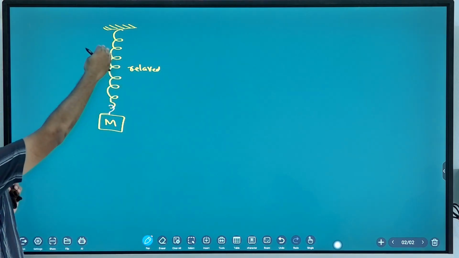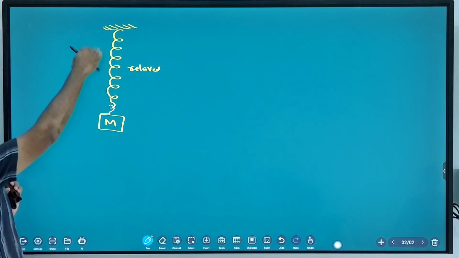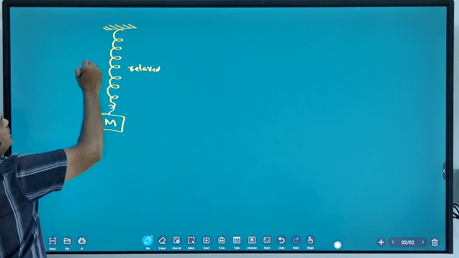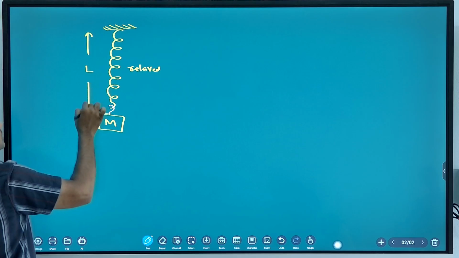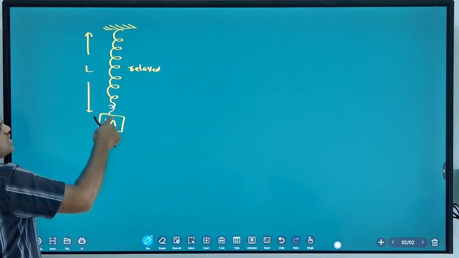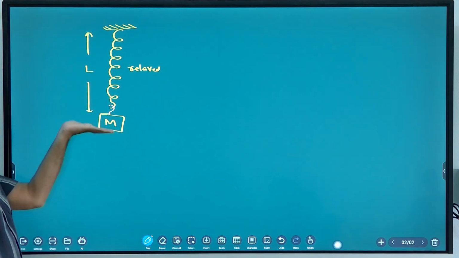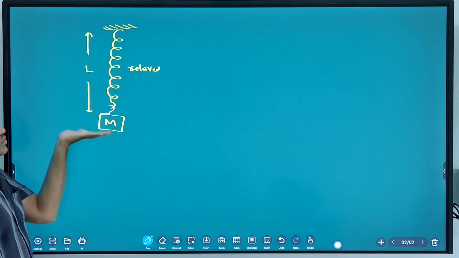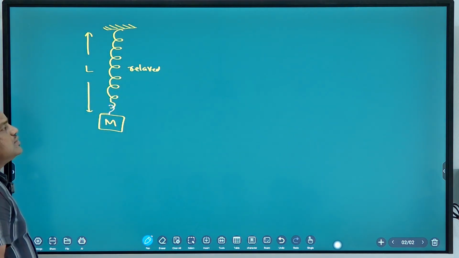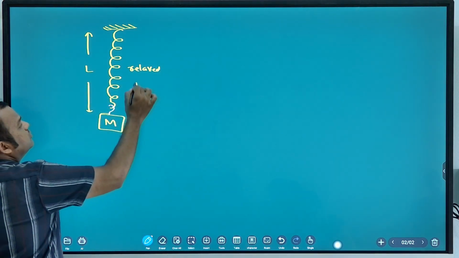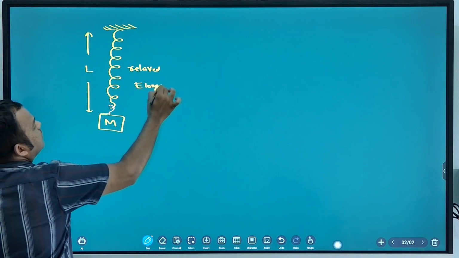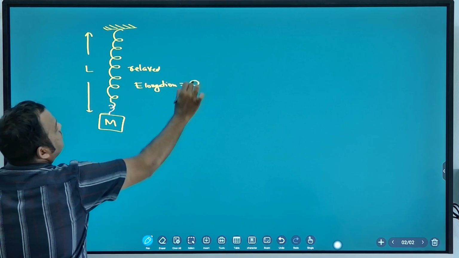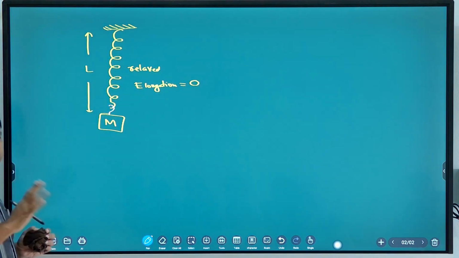It is initially relaxed, which means what is the length? It is the natural length. Natural length is L. So what is the spring force right now? It is relaxed. So what is the spring force? 0, because elongation is 0. Right now no elongation, correct?